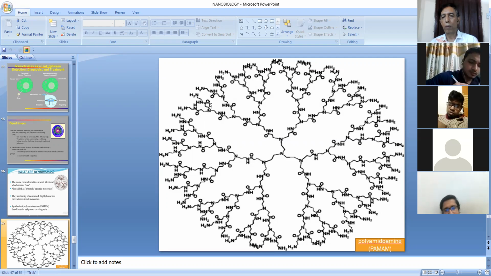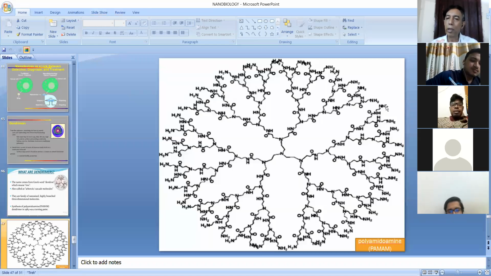It is a very beautiful polymer, and the size of this dendrimer molecule is about 15 nanometers. So it is a nanomaterial. So how is it used?